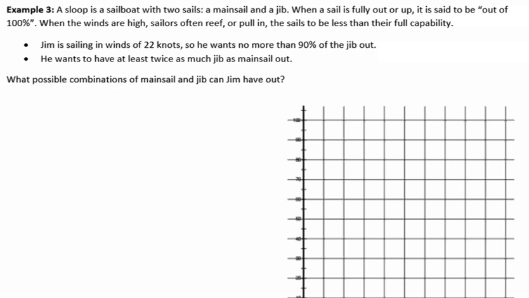So we want to try to come up with inequalities that would represent those situations. First, verifying what our variables will be, identifying each. So let x be, and let y be.